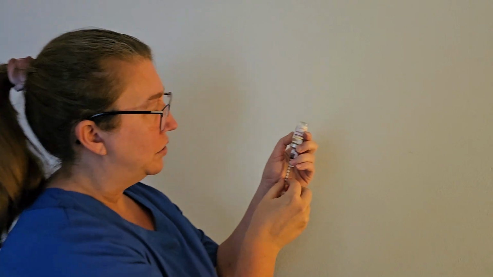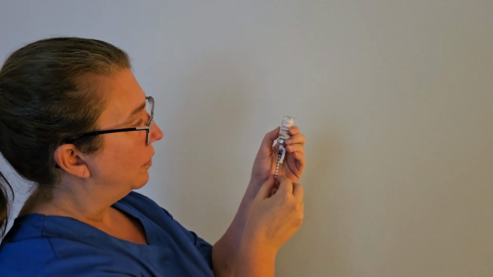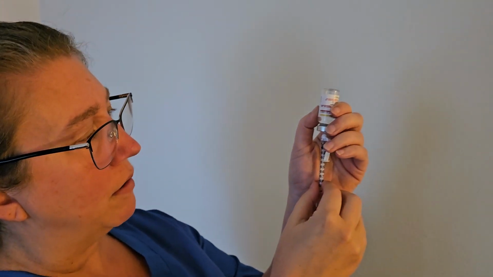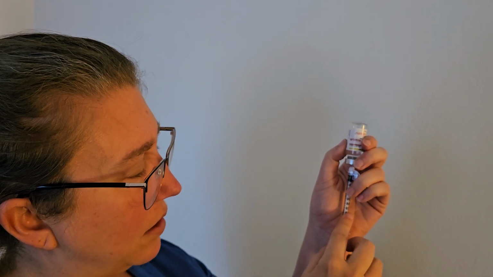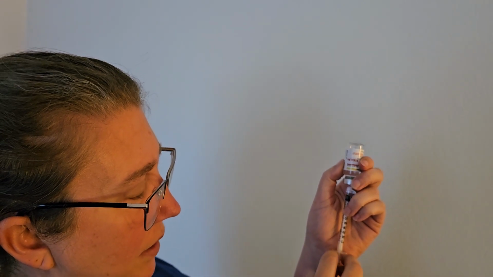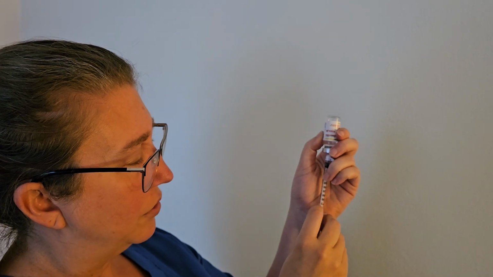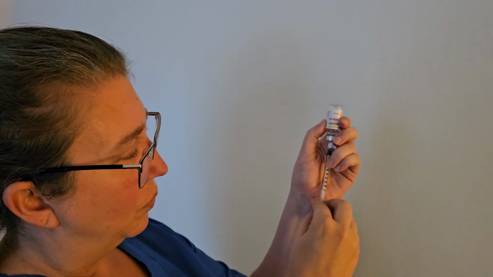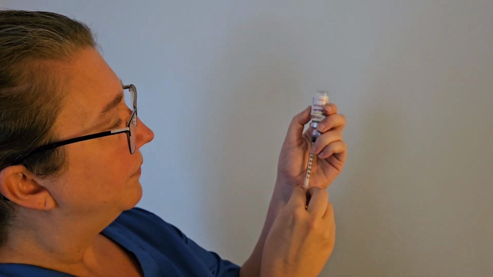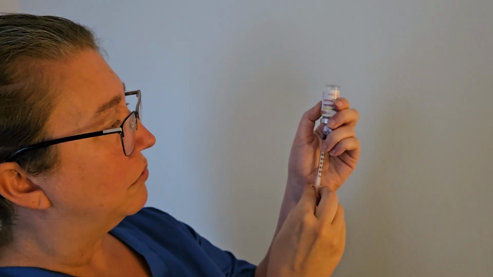and we are going to hold the vial with the thumb and forefinger of our non-dominant hand while the syringe rests on the bottom of our palm, and our dominant hand is on the syringe, and we draw the plunger back to the correct medication dose.